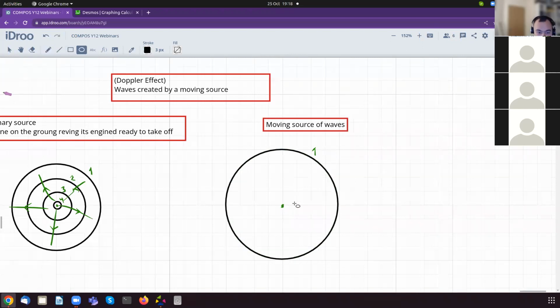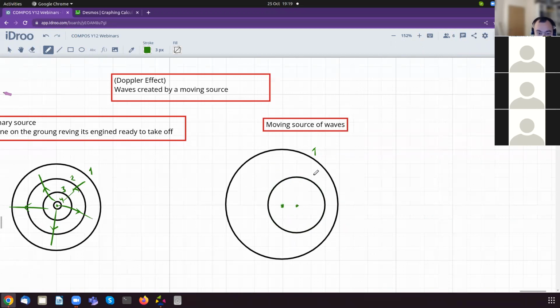Now, by the time wave number 2 was created, the source has moved. When wave number 2 was created, the source has moved, and the center of wave number 2 is now here.